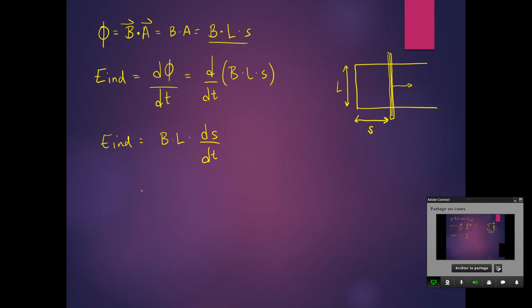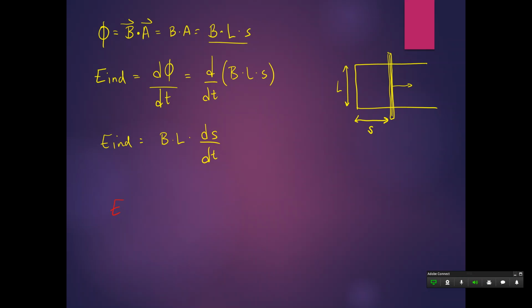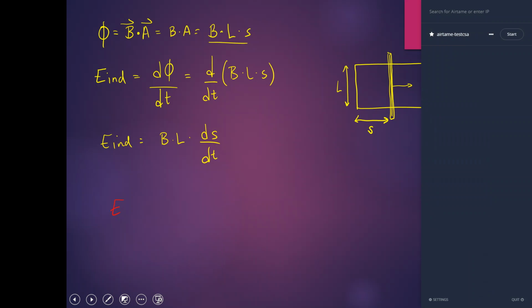So E induced now, I gotta go back to yellow. So E induced is gonna be equal to the magnetic field times the length of my wire multiplied by the velocity. Oh, you don't see it.